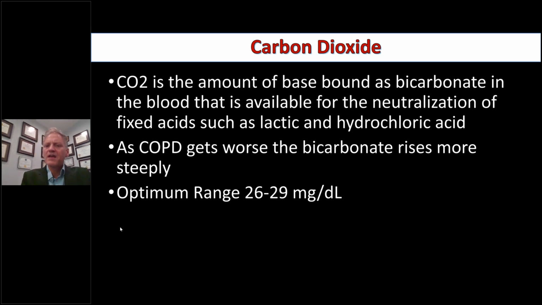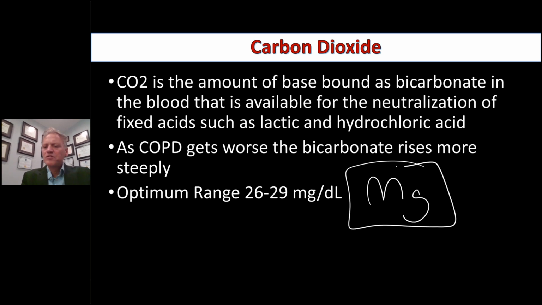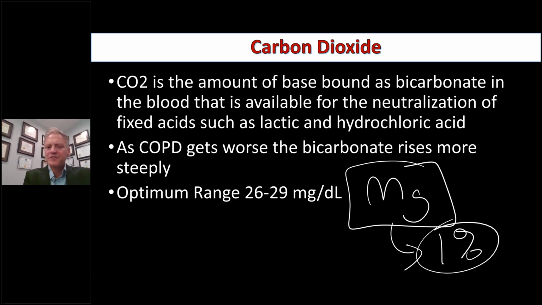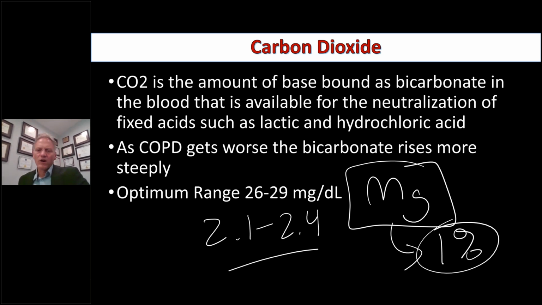Now, I want to say one more thing. In the CMP, we're not going to talk about the magnesium serum, but when you look at serum magnesium, you're only seeing about 1% of really what's going on with the magnesium. But nonetheless, we still want to see that magnesium somewhere between 2.1 to 2.4.